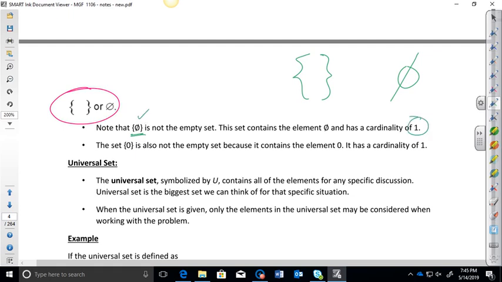Cardinality of the empty set is 0, but this one is cardinality 1 because there is 1 element in there. Although it is 0, it is an element. If you write a set around the empty set, it's not an empty set anymore because there is an element in there.